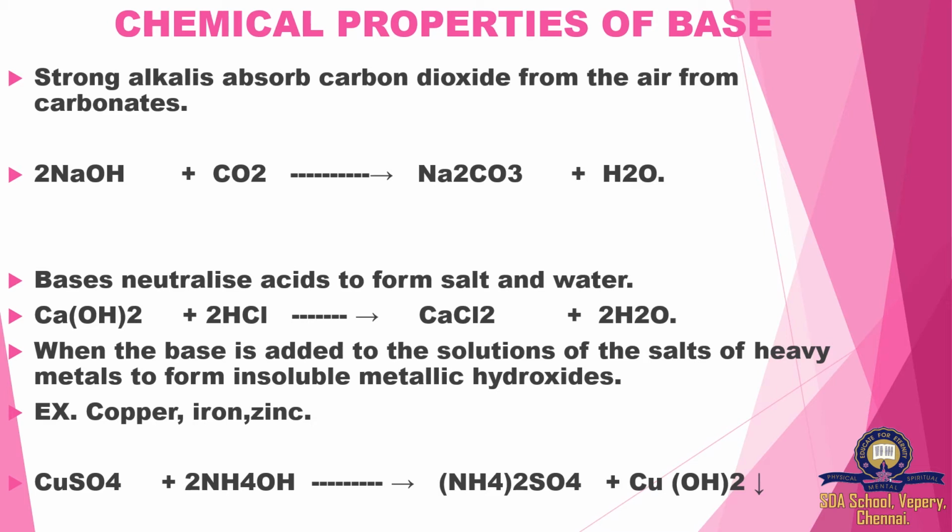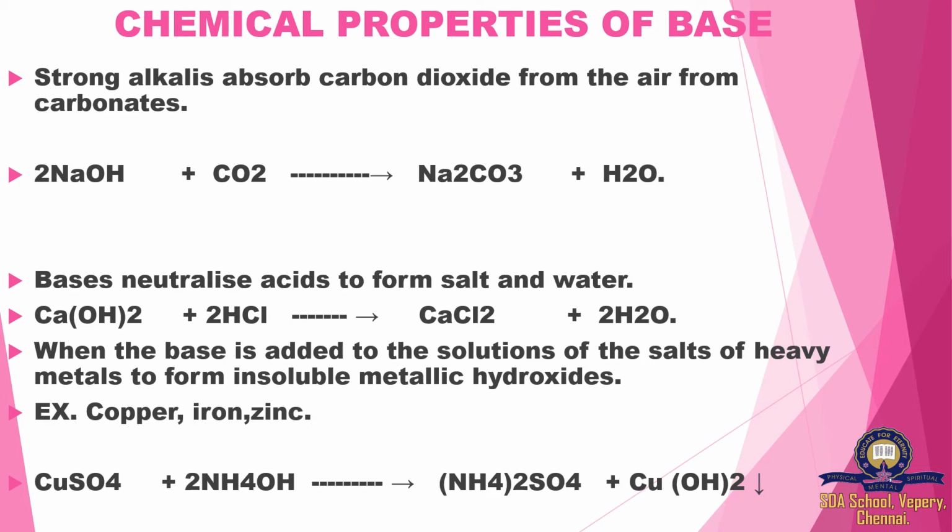When a base is added to the solution of a salt of heavy metals, it forms insoluble metallic hydroxides. We already know that only soluble hydroxides act as bases, but here we have an insoluble metallic hydroxide.